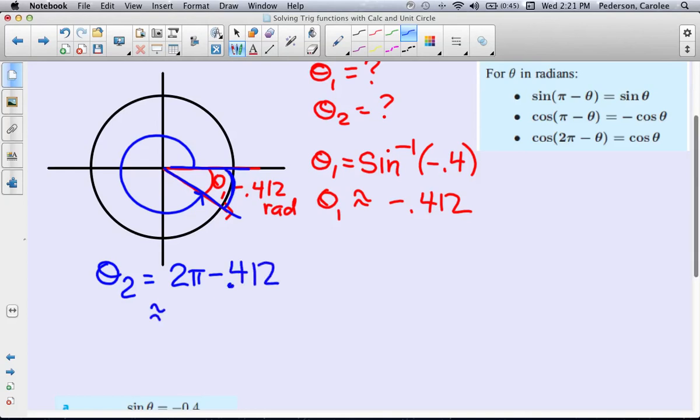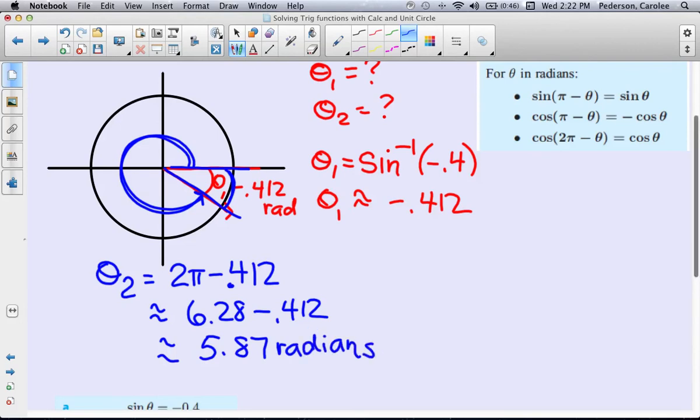And we will have an angle in the blue, wrapping around here, of 2 pi is 6.28 radians minus 0.412 radians is approximately 5.87 radians.